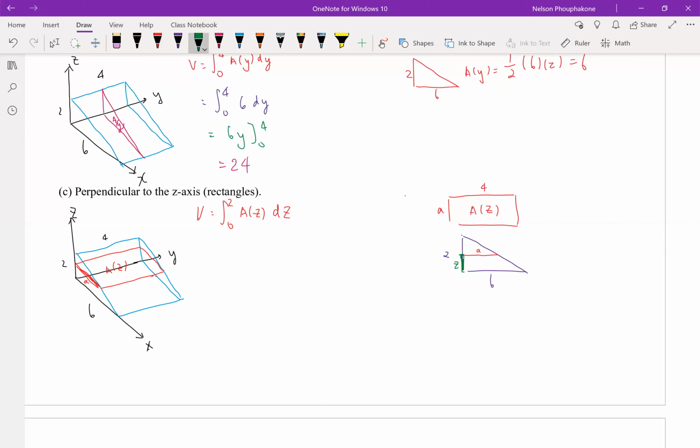And then now we need to work with the ratio. From here to here, it will be 2 minus z. The ratio here will be A to 2 minus z equal to 6 over 2. So then I will have A is 3 times (2 minus z) now.